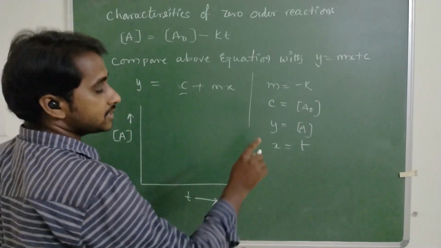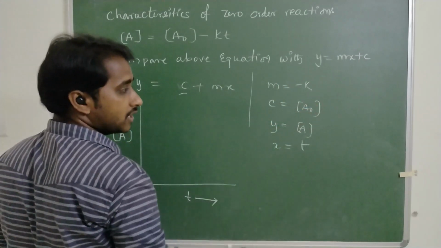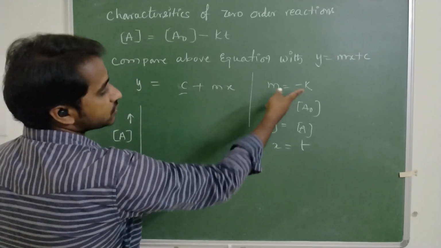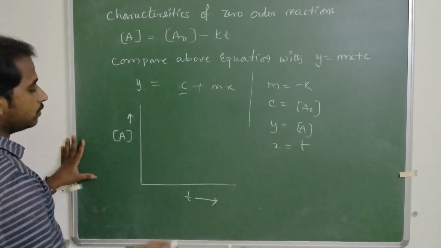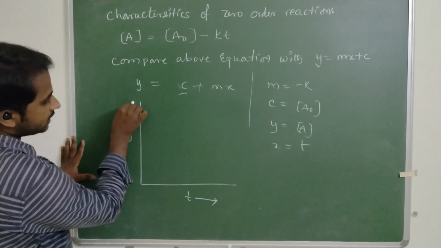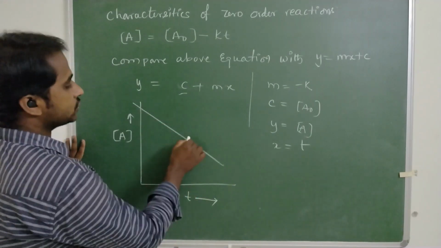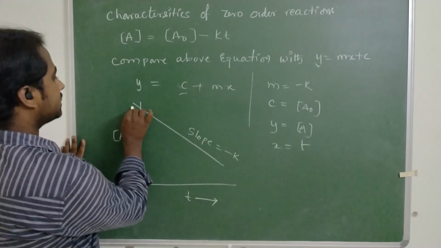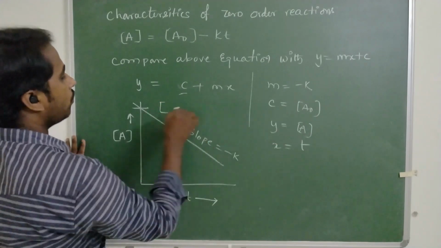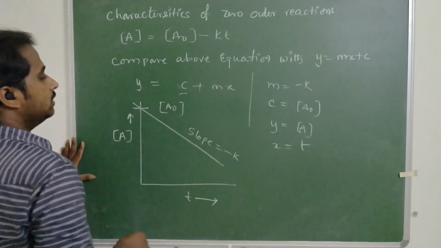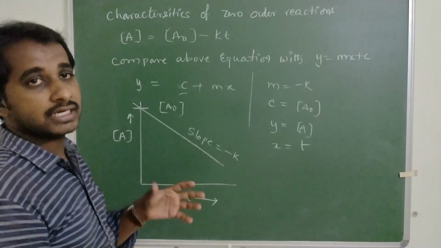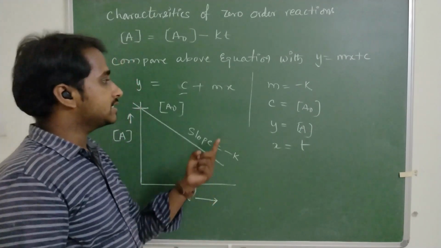The line cuts the y-axis at A naught, the initial concentration of A. But m is the slope, a negative slope, so the slope of this line is minus K.